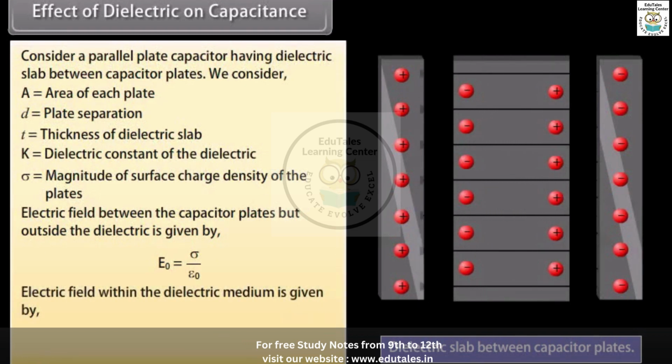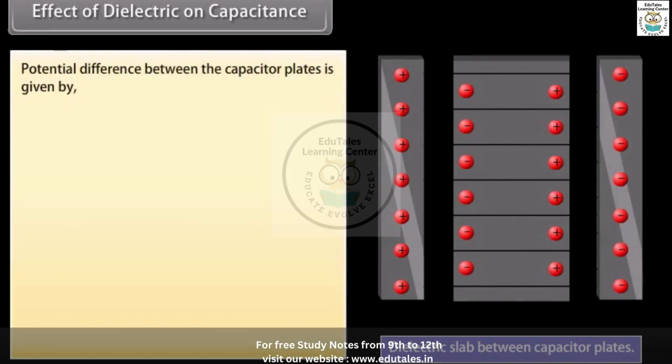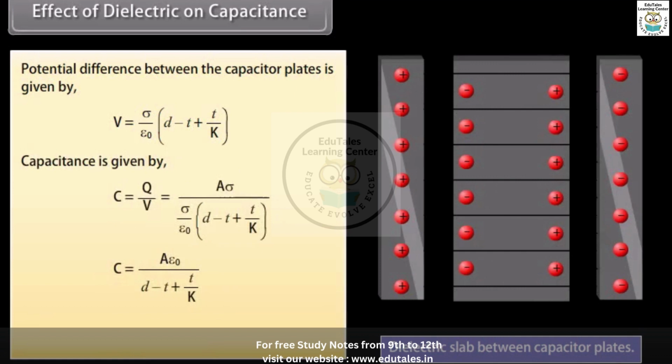Electric field within the dielectric medium is given by E is equal to sigma upon the product of epsilon naught and K. Potential difference between the capacitor plates is given by V is equal to sigma upon epsilon naught multiplied by d minus t plus t upon K. Capacitance is given by C is equal to A epsilon naught divided by d minus t plus t upon K.